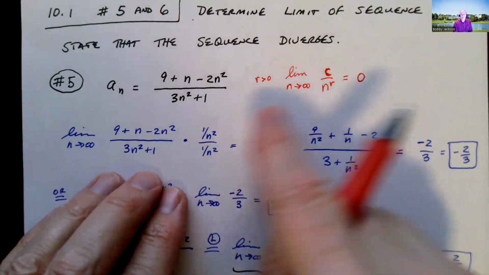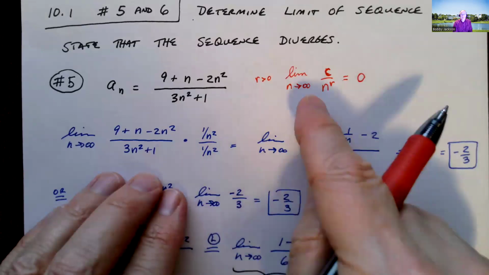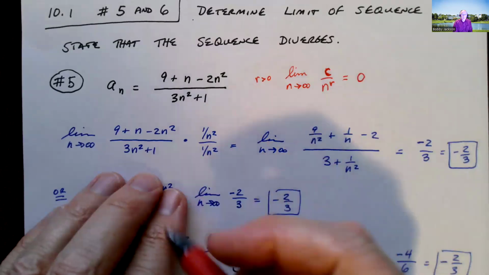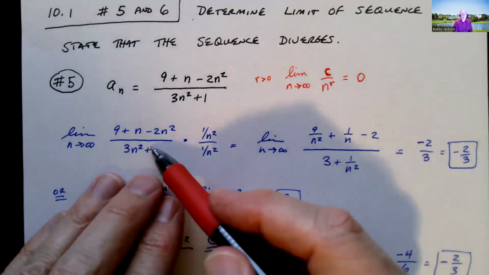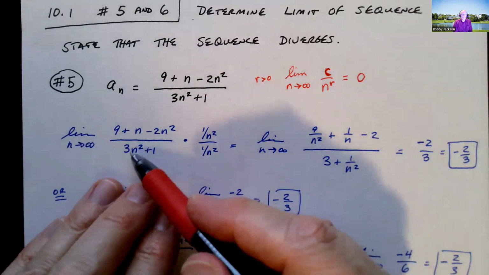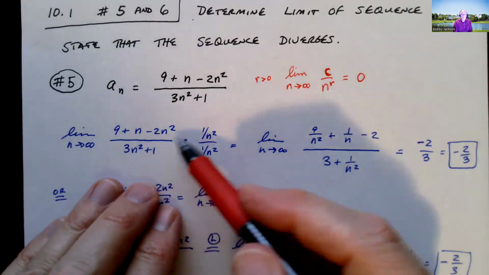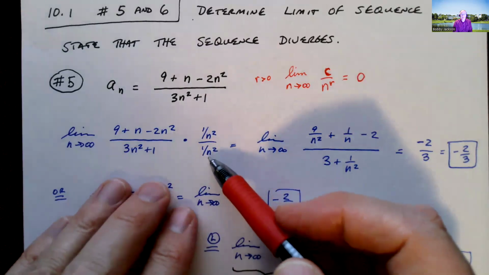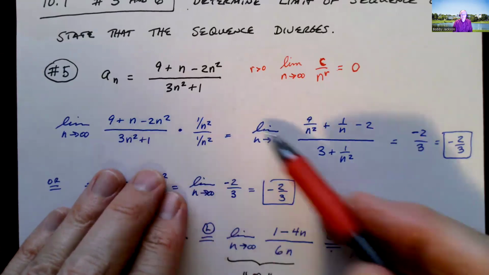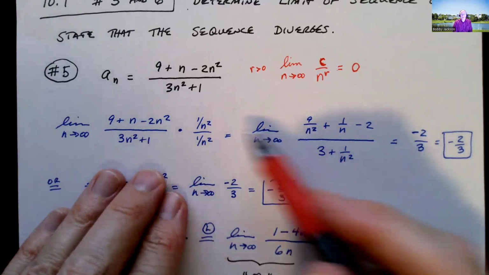So first of all, one way to find this limit, in order to make use of this important limit here, is when you have a ratio of polynomial functions, look in the denominator at the highest degree term, which is n squared, and divide the numerator and denominator by that n squared. So here I'm going to divide each of these three terms by n squared. So I get 9 divided by n squared.